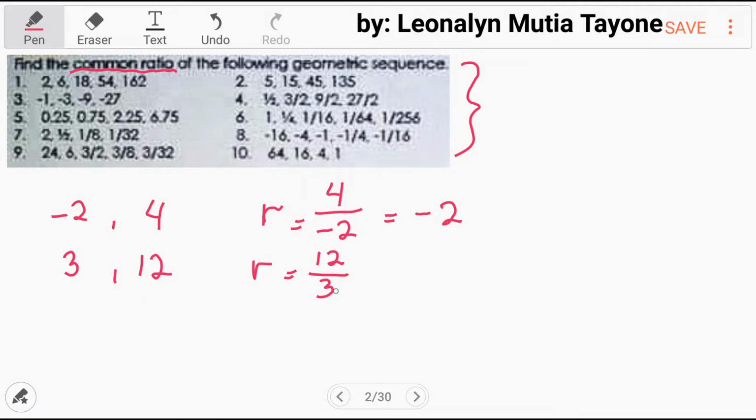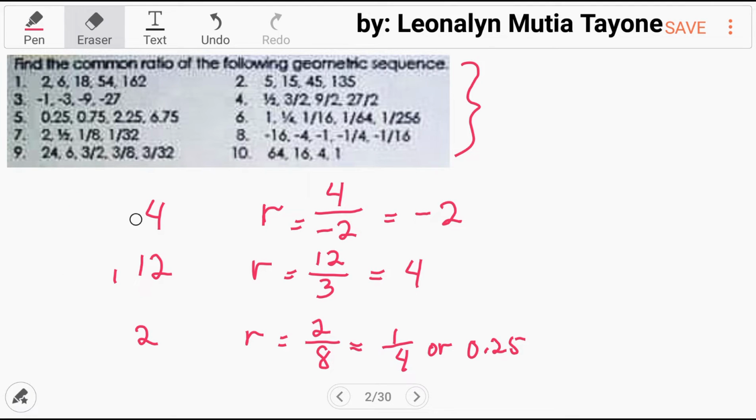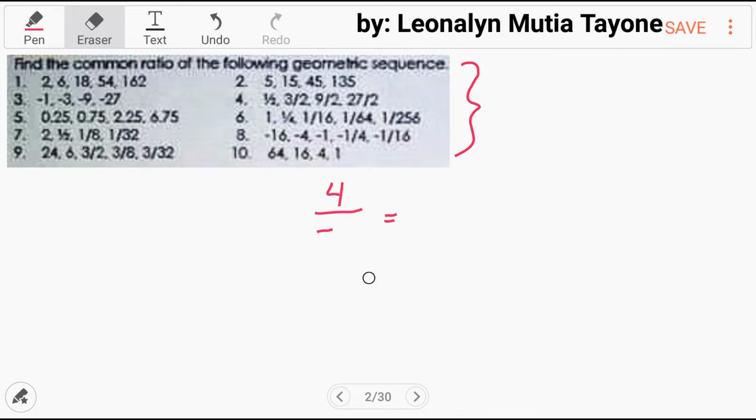So this is 12 divided by 3 is equals to 4. So 4 ang ratio natin dito. Next, between 8 and 2, ang ratio natin dyan ay 2 divided by 8. And that is 1/4 or 0.25.